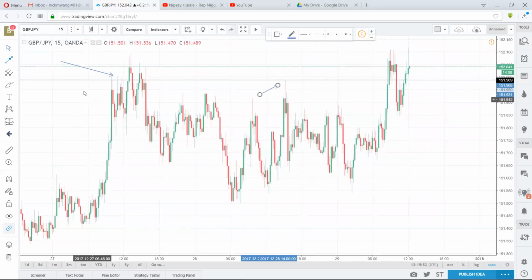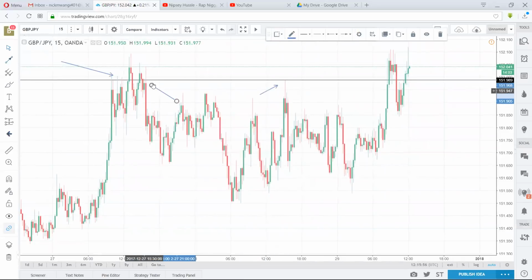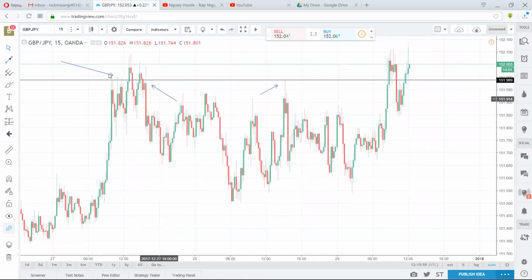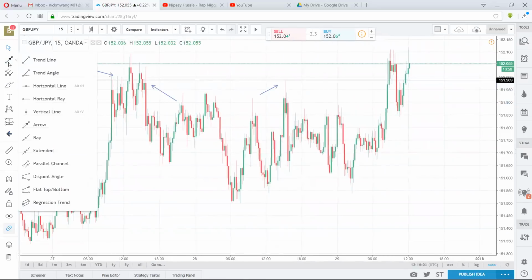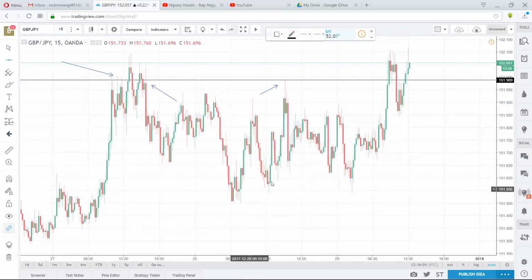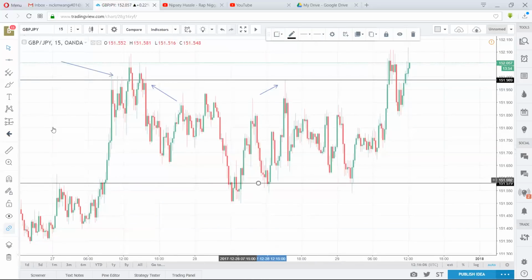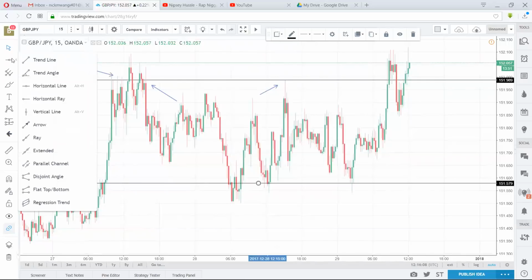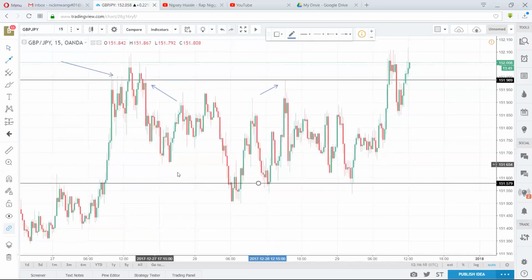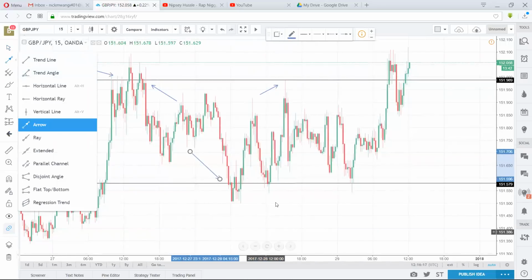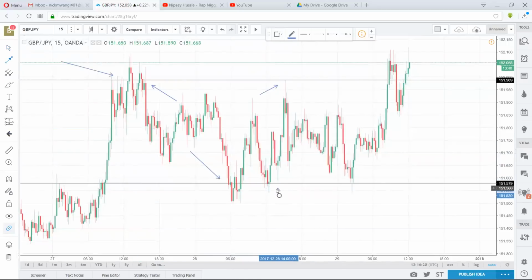And there's another one. There are obviously all these touches here. So now this will be a resistance zone, and I would draw the support zone around here, okay? Because there were touches here, here as well, and here, okay?